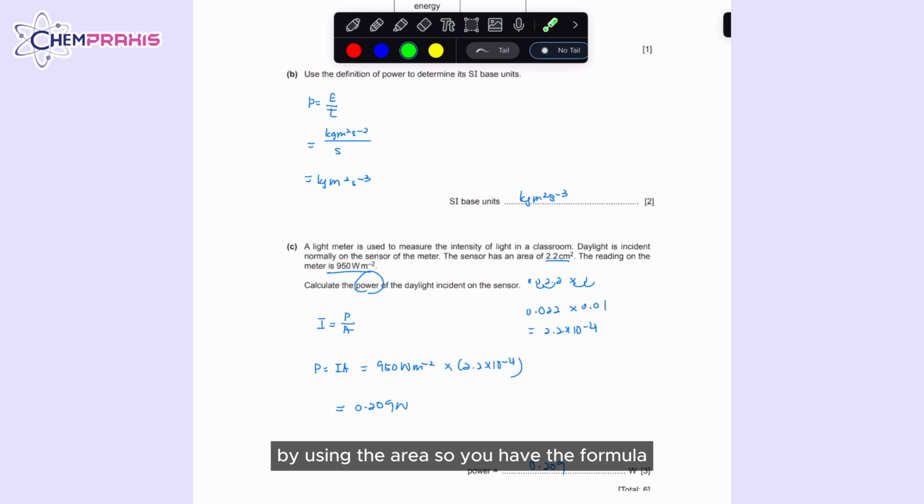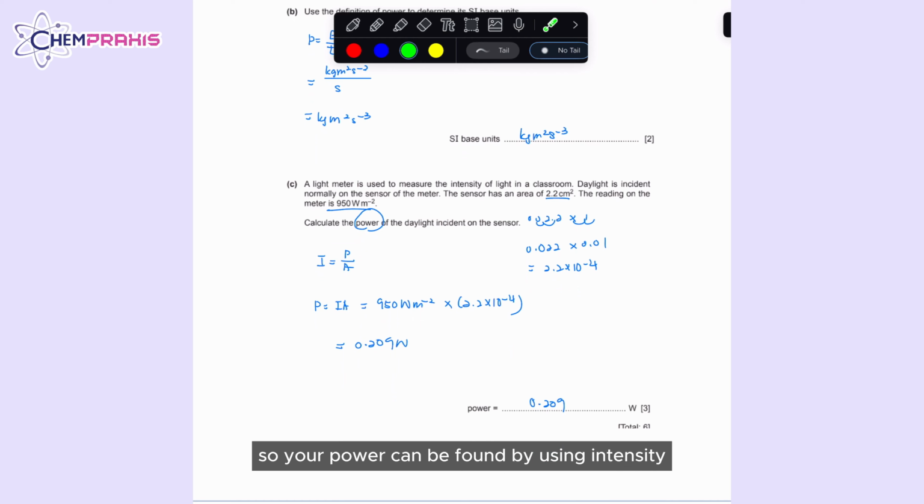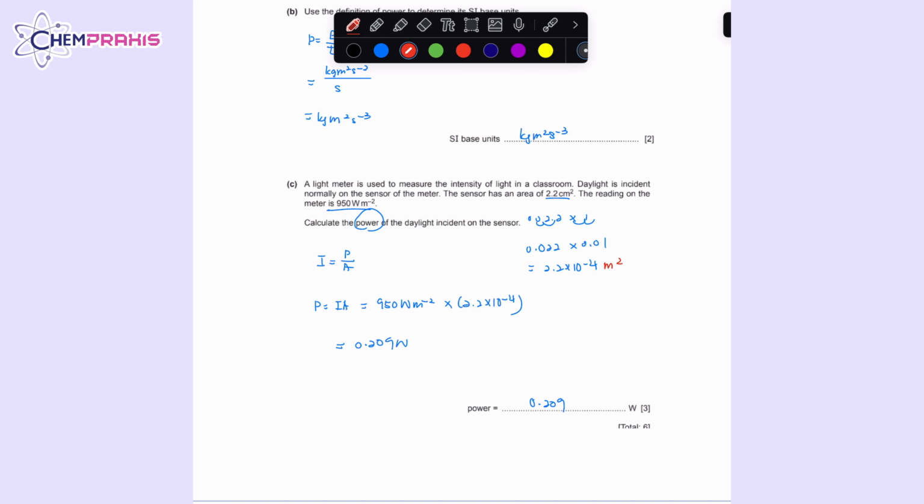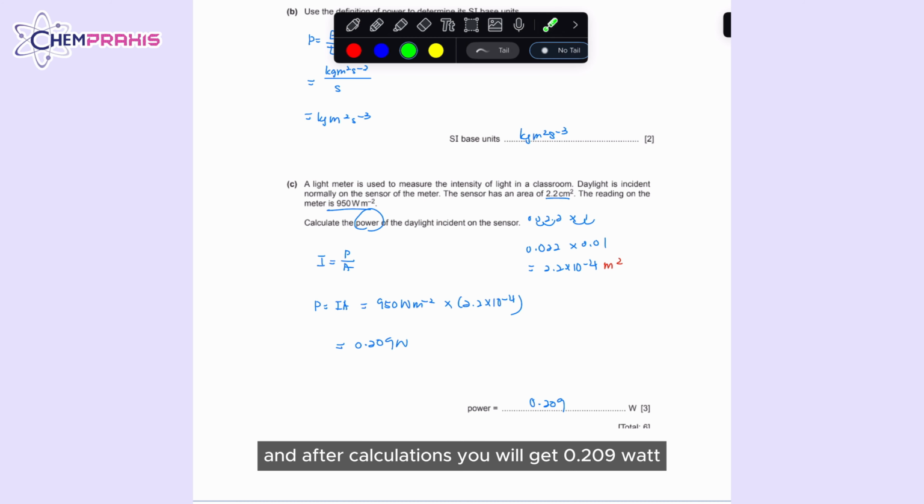You have the formula: intensity equals power over area. So your power can be found by using intensity multiplied by area. Bear in mind, because there are two different units, you will need to change the unit first to meter square before you substitute into the formula. And after calculations, you will get 0.209 watt as the final answer.